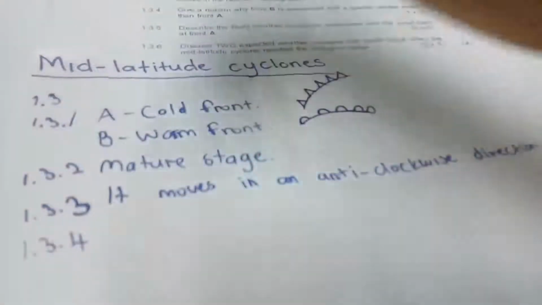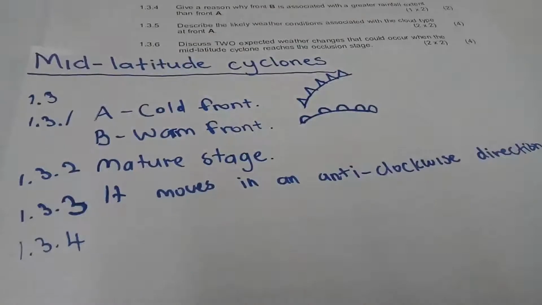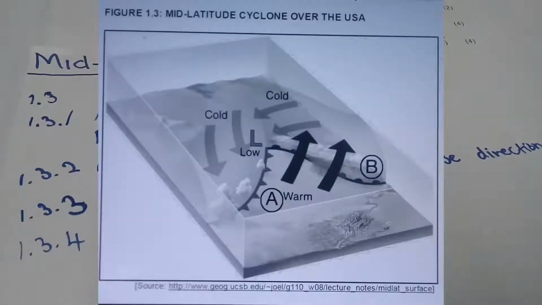It says: give a reason why front B is associated with a greater rainfall extent than front A. So basically they're trying to say that front B, which is a warm front, is associated with a greater rainfall extent than the cold front, which is front A. So let's support that.